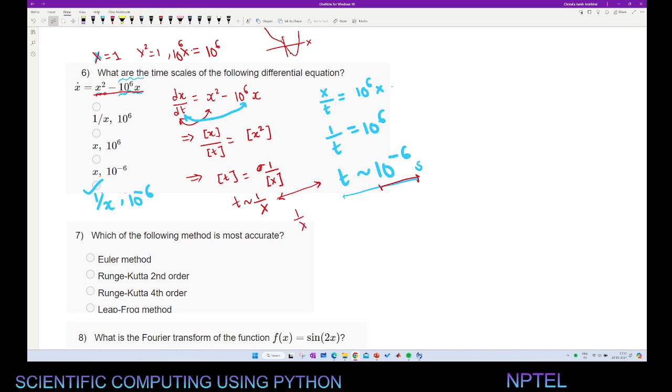So 1 by x is equal to 10 raised to minus 6, which means x is equal to 10 raised to 6, which means about this time scale, both these terms will have equal importance, and since the sign is negative, it means your x dot will be close to 0. In this case, it will be exactly equal to 0, because we haven't ignored any coefficient or anything. So after x is equal to million meters, both the terms become important.